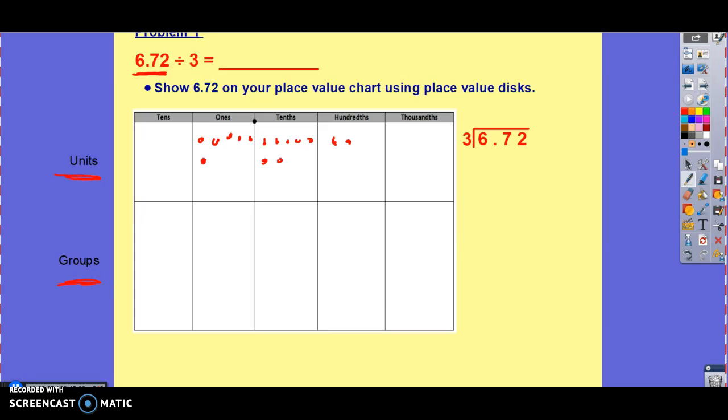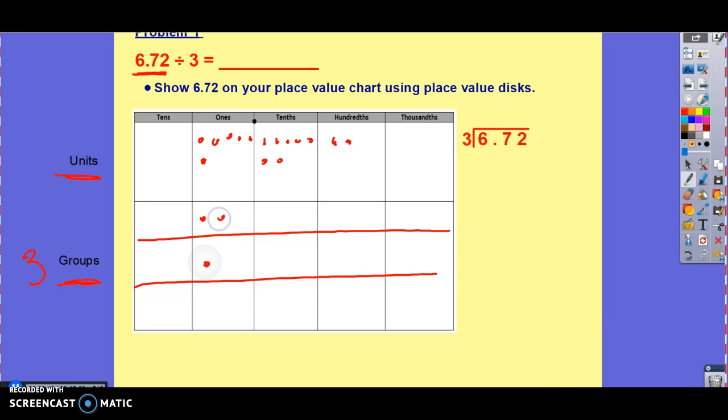Now, if we were to put these into groups, we're looking at 3 groups. So how can we divide our 6 into 3 equal groups? We can put 2 in each group. How can we divide our 7 into 3 equal groups? We can put 2 into each group and we'll have how many left over?